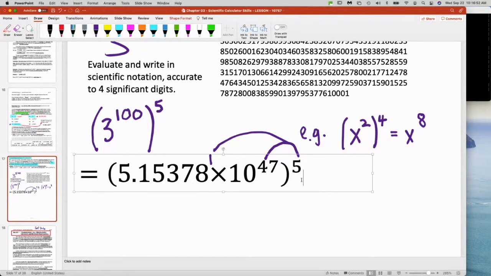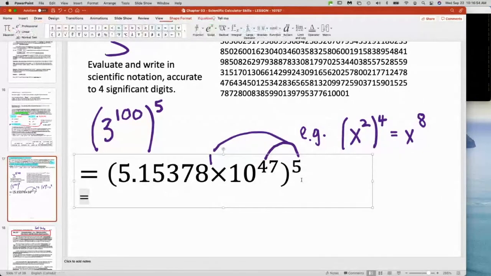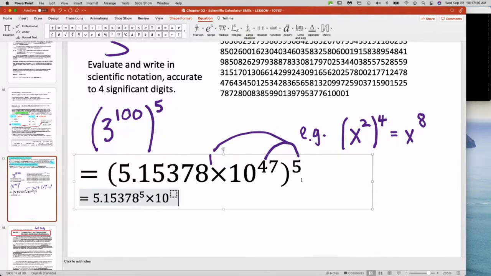Thank you, Cosimo. So this is going to become 5.15378 to the power of 5 times 10 to the, and thank you for the 47 times 5, Matthew, which is 235.